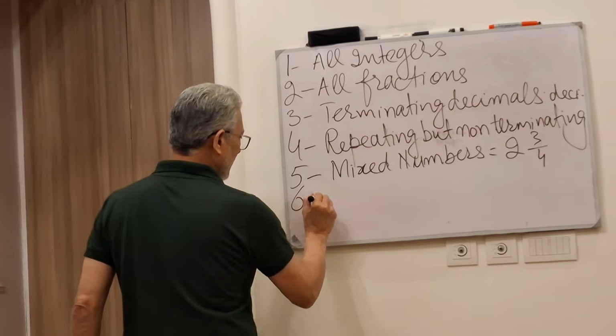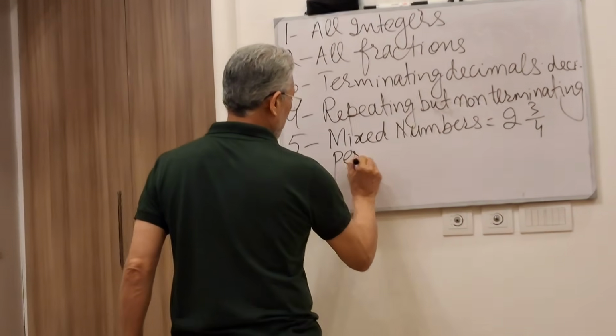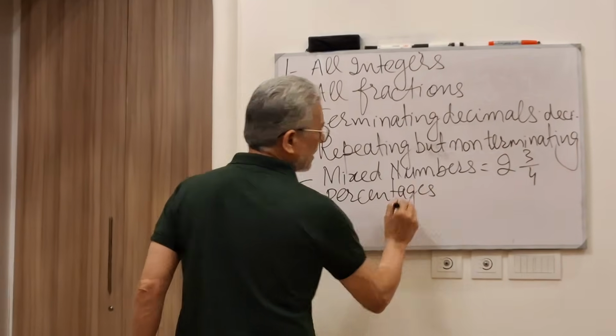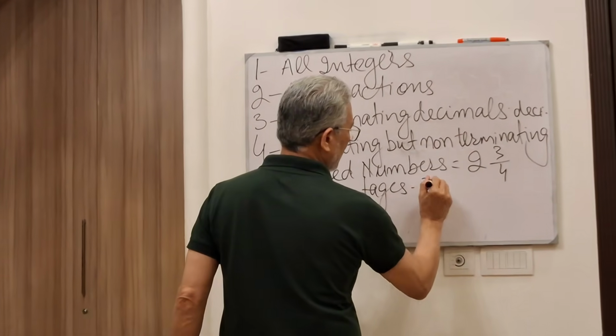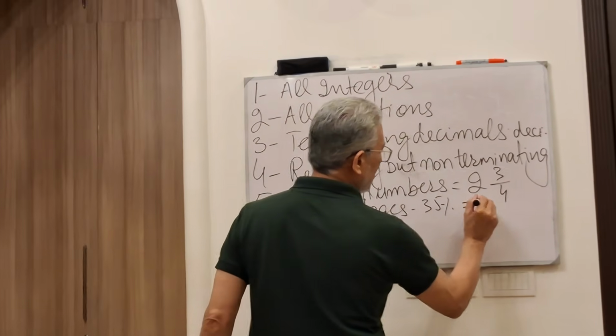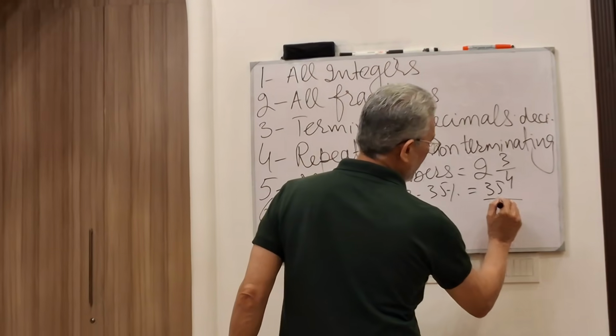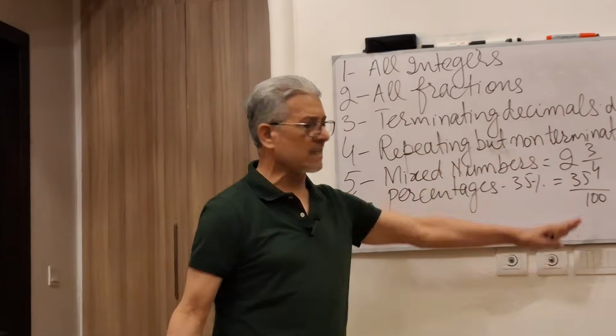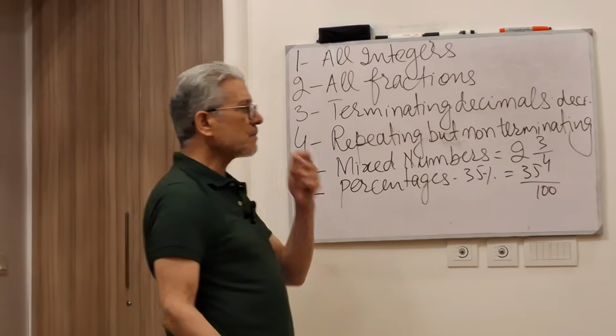Number 6, we have learned percentages. Percentages are also rational numbers. We have learned that 35% means 35 over 100. 35 over 100 is a fraction, so it is a rational number.